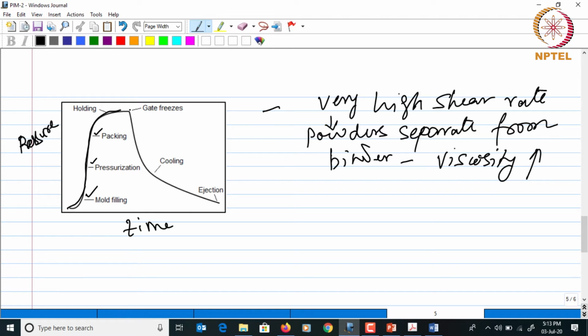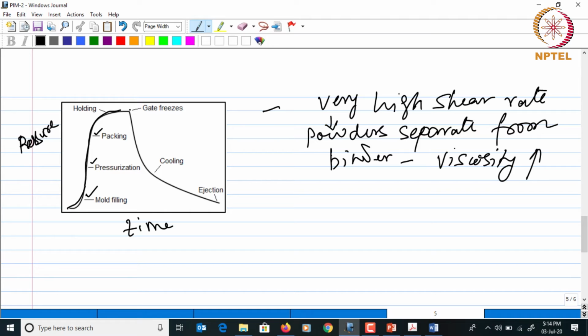the PIM cycle. And that is why it is necessary to hold the pressure when it reaches the maximum pressure, not only to ensure that the mold filling happens effectively, but also to make sure that it takes care of the dimensional tolerances and compensates for the contraction that happens, right?